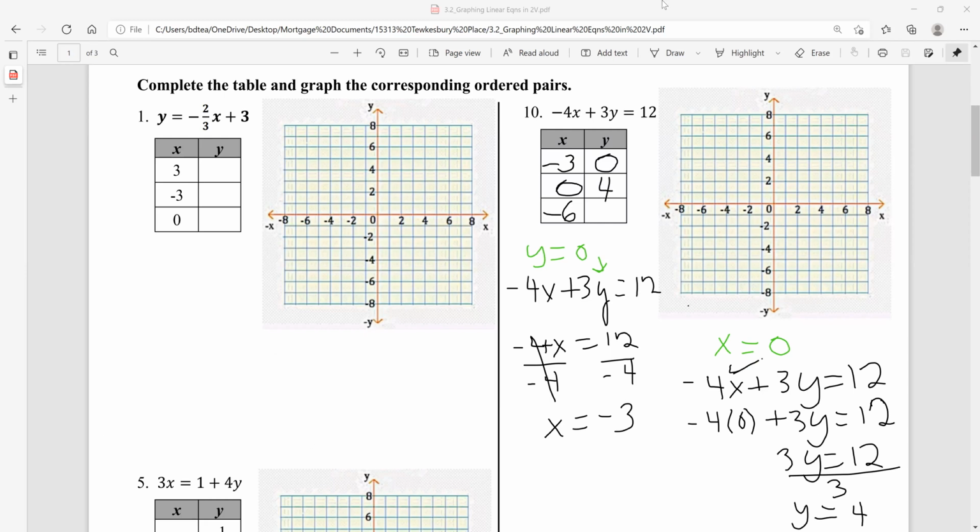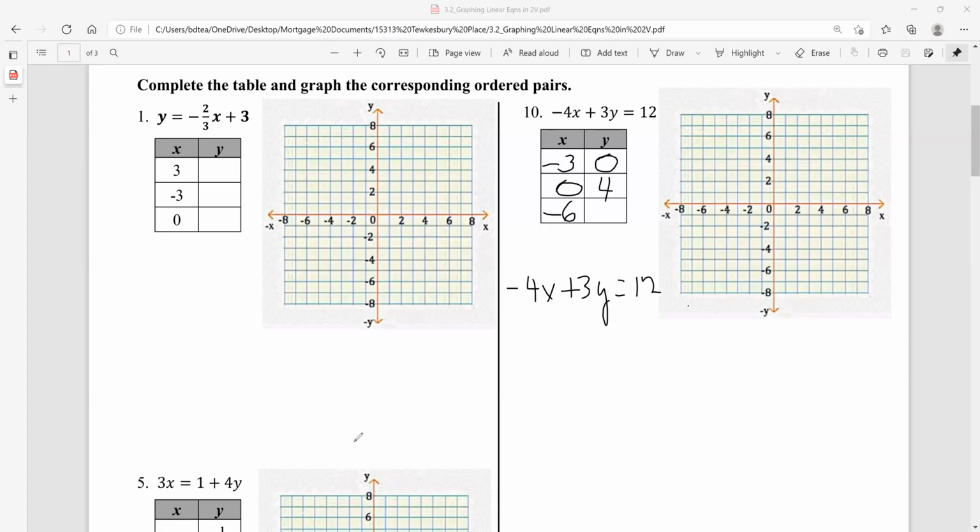Now let x equal -6. So now we are going to take the same equation and let x equal -6. And again, remember we chose these numbers.